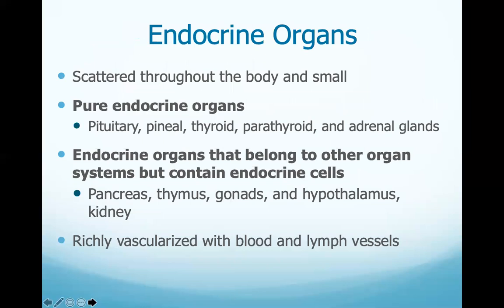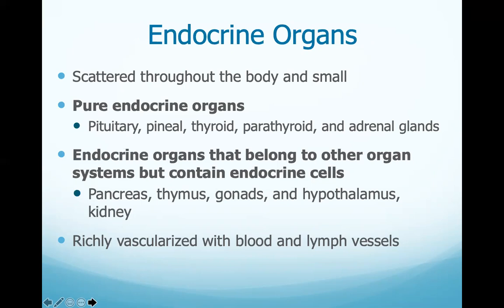Now, when we're looking at the endocrine organs, there are two main categories. One we identified as pure endocrine organs, which basically means they're dedicated to your endocrine system. These include your pituitary gland, your pineal gland, thyroid gland, parathyroid, and adrenal glands. Versus ones that are also considered part of another organ system.